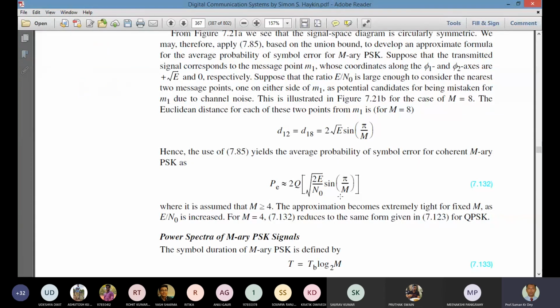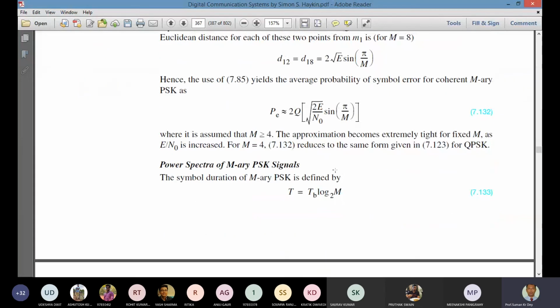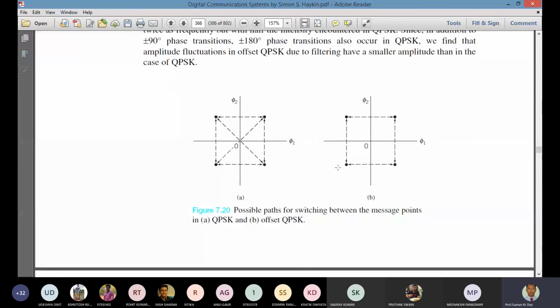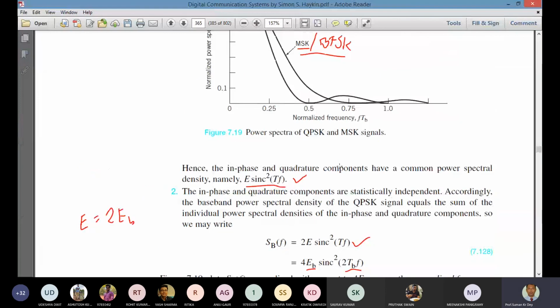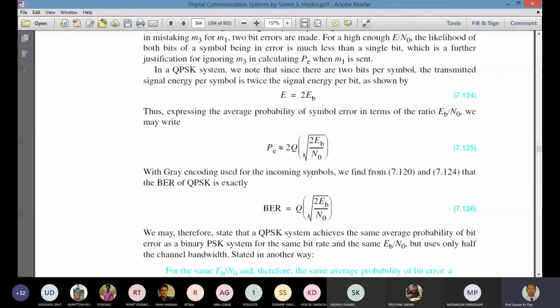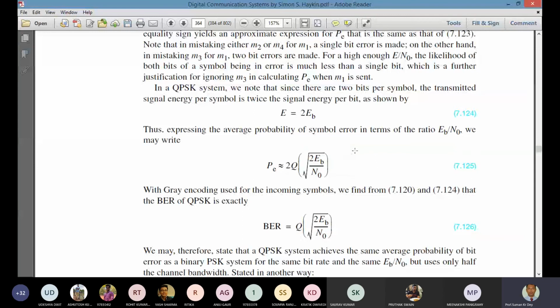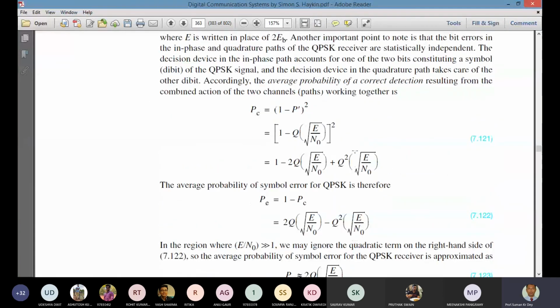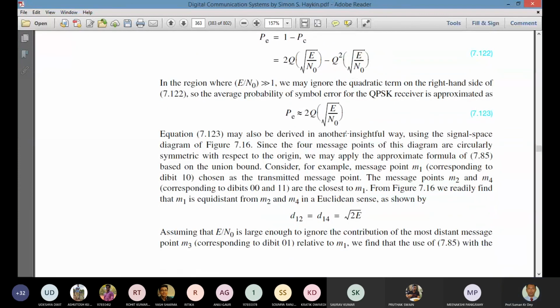Now if we look at the Pe, or probability of error, for the QPSK signal, in this case you can also see the distance. This is the distance of the QPSK, and that value was square root of 2E.